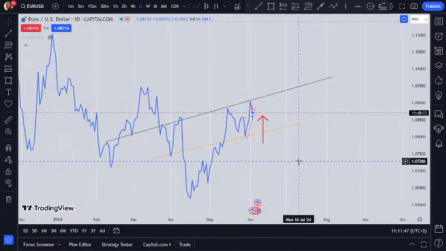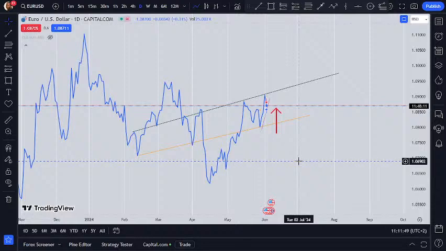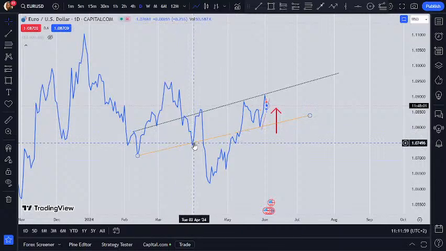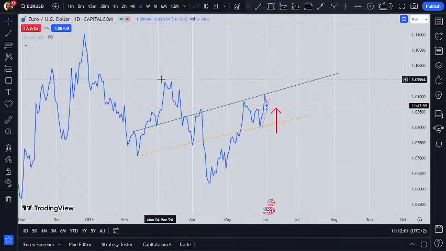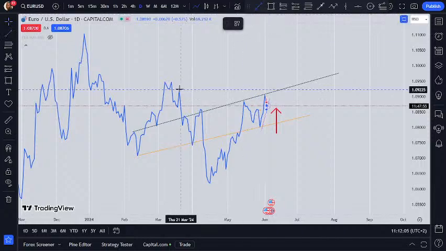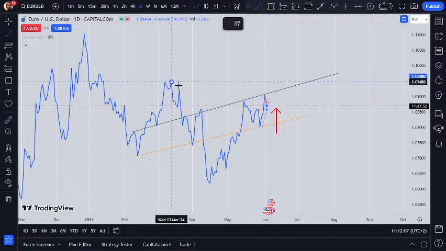One thing I learned is that it's easy to draw trend lines on a line chart, compared to on the candles. I like drawing trend lines.